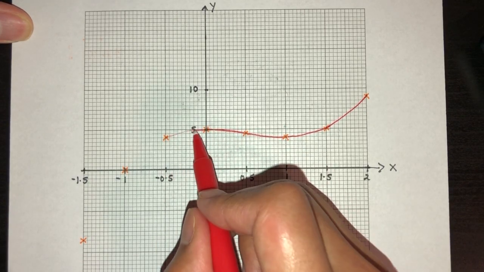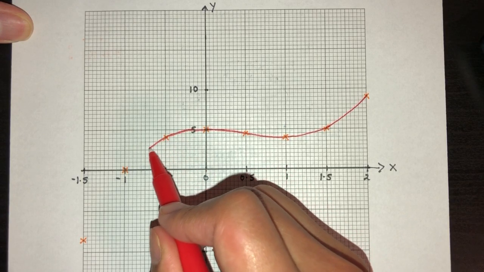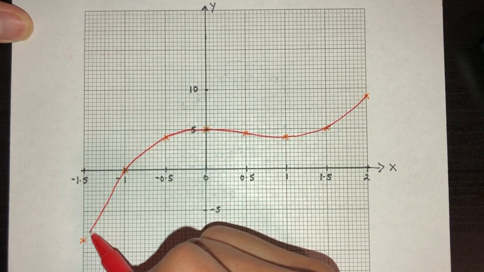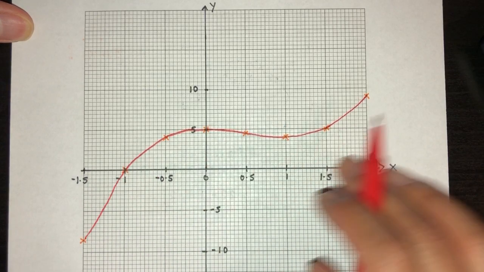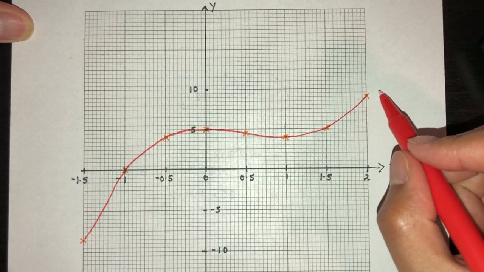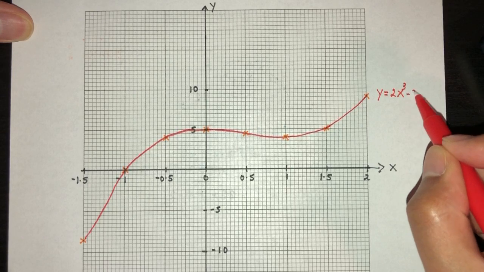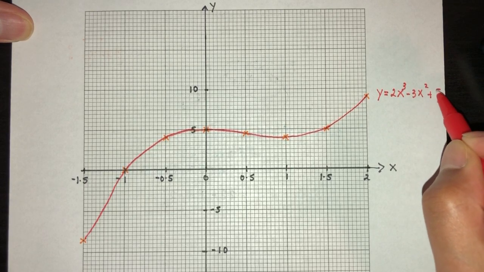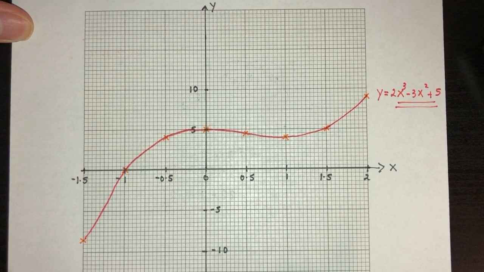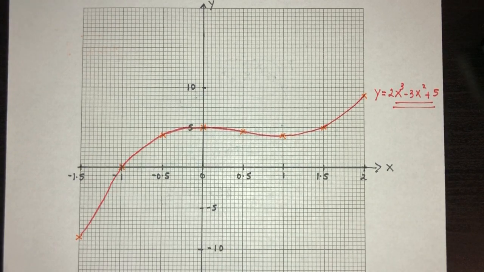That's why you have to make sure that you draw your graph pretty smoothly. Okay, so it will look something like this, and this will be your graph of y equals 2x cubed minus 3x squared plus 5. You have to label your graph in the end.